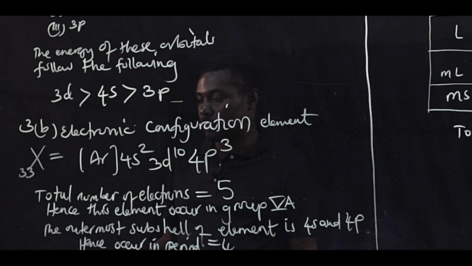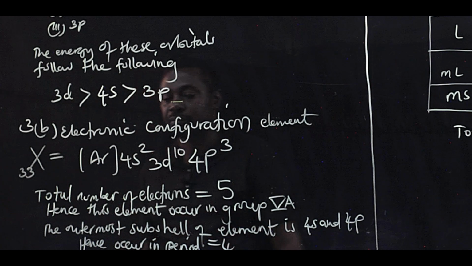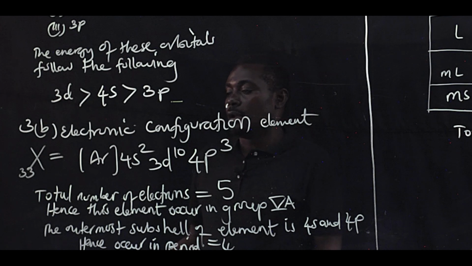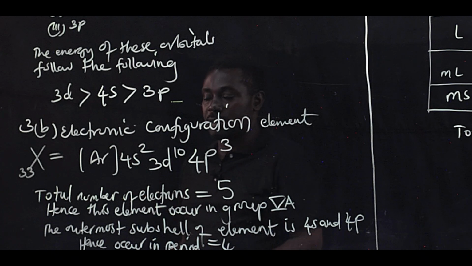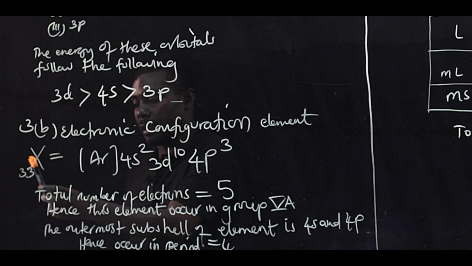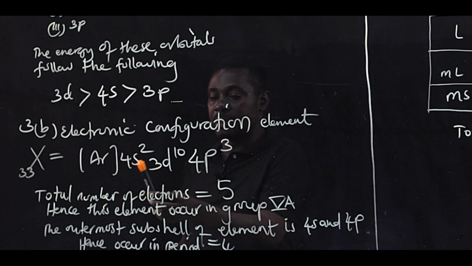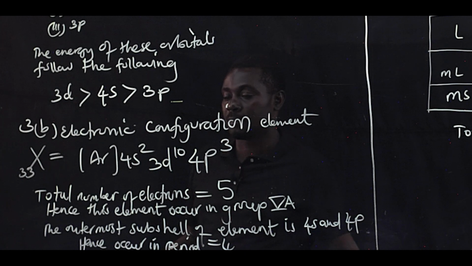The noble gas which is nearest to 33 is argon. The next outermost subenergy levels for filling the remaining electrons include 4s, 3d, and 4p.